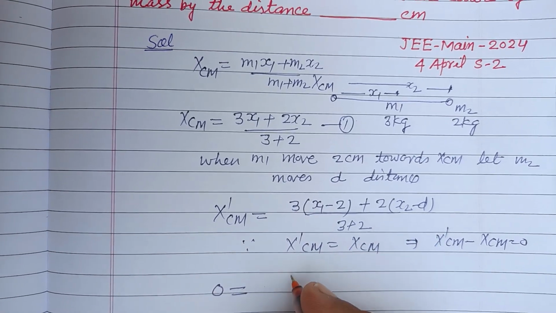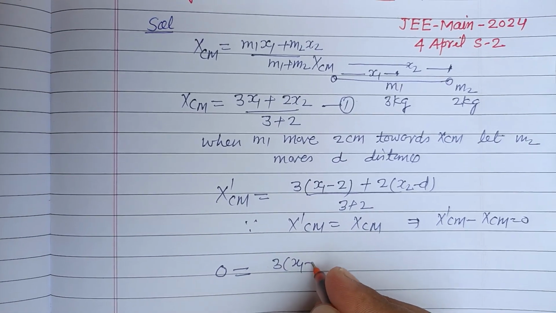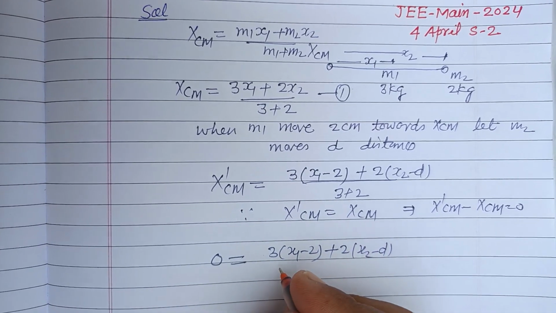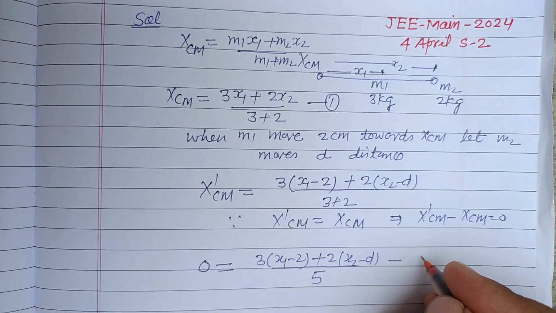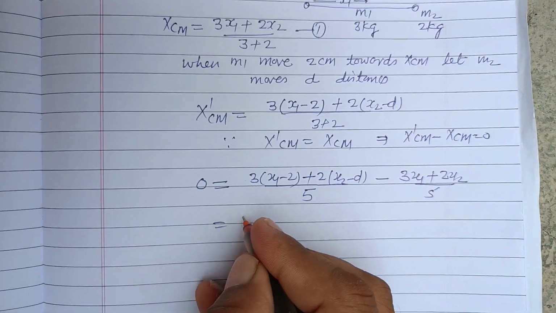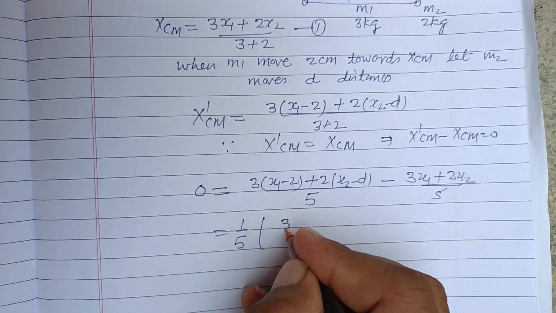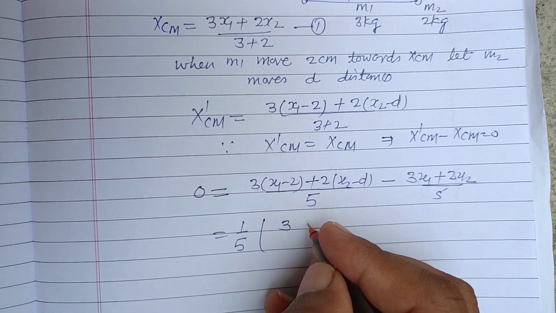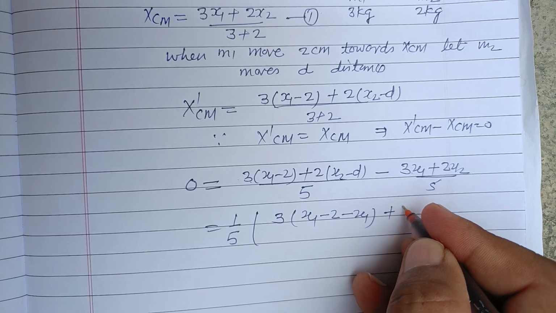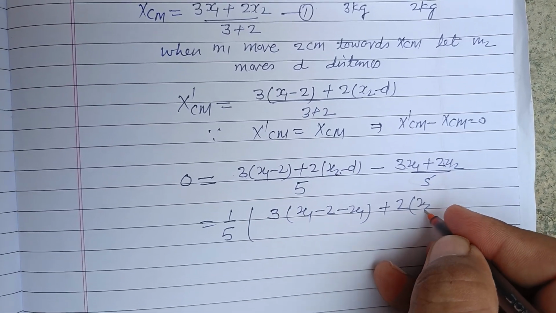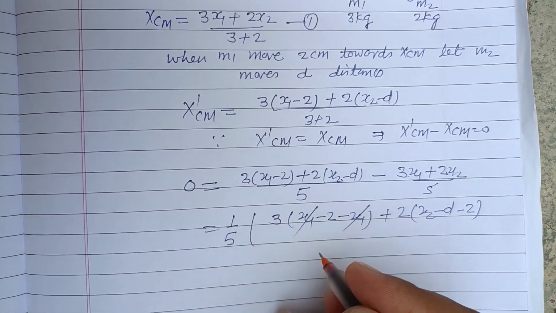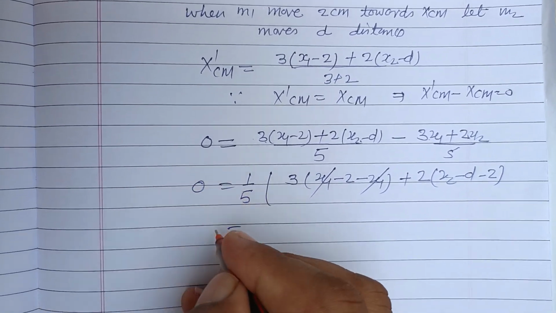So subtracting and putting these values: 3 into x1 minus 2 plus 2 into x2 minus d over 5, minus 3x1 plus 2x2 over 5. So 1 upon 5 is common, 3 is common from this, so x1 minus 2 minus x1 plus 2 is common from this, so x2 minus d minus x2. So the x1 cancels, and this is equal to 0.